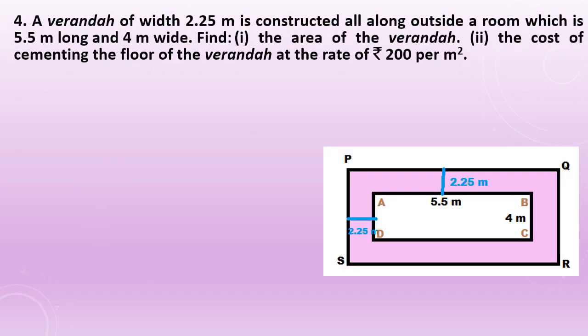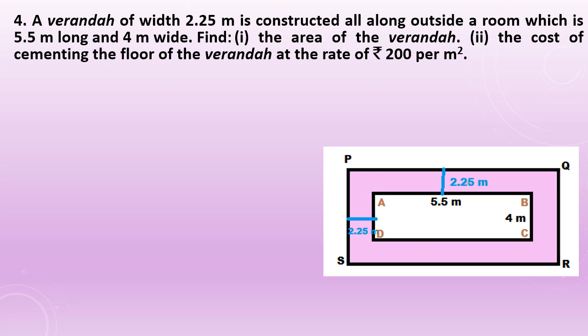Now we move to question number 4. A veranda of width 2.25 meter is constructed all along outside a room which is 5.5 meter long and 4 meter wide. Find the area of the veranda. The cost of cementing the floor of the veranda is at the rate of rupees 200 per meter square.